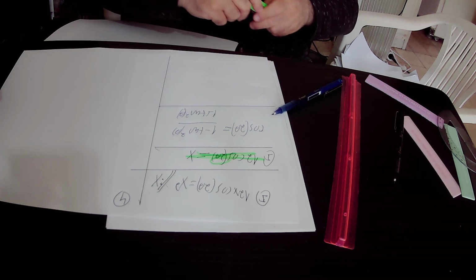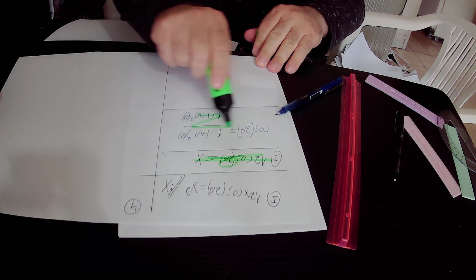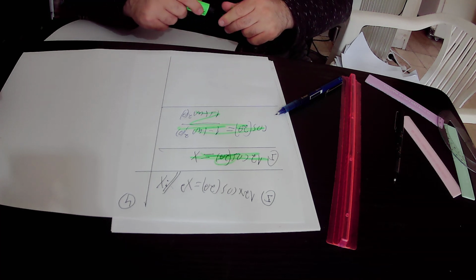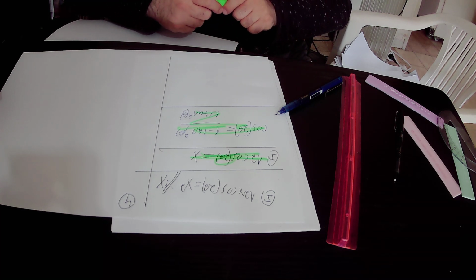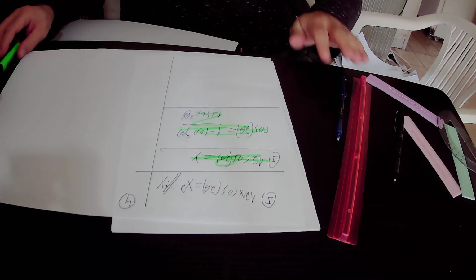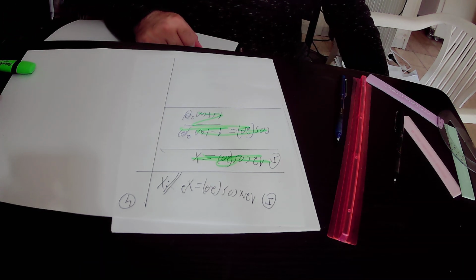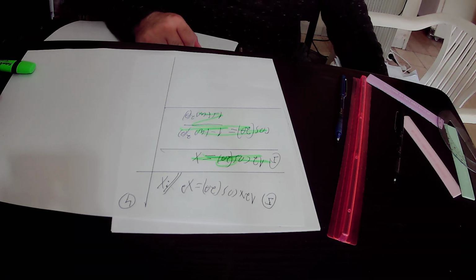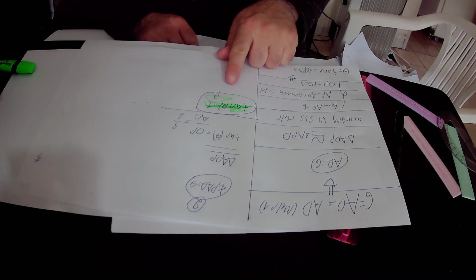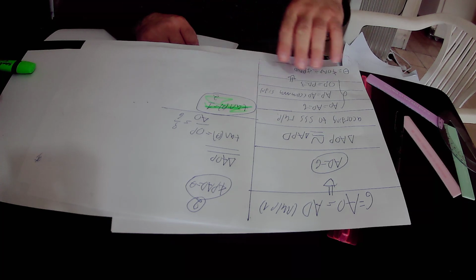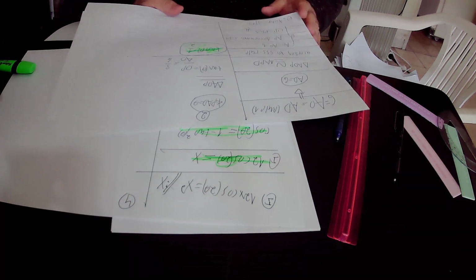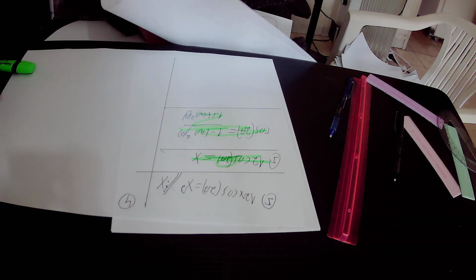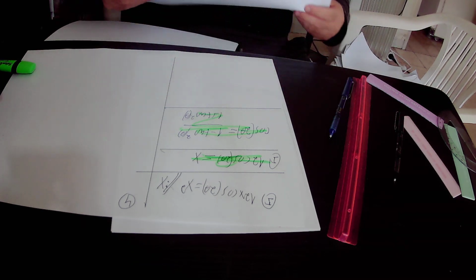We have already found out that tangent theta equals 1 half. So we can write here that tangent theta equals 1 half.